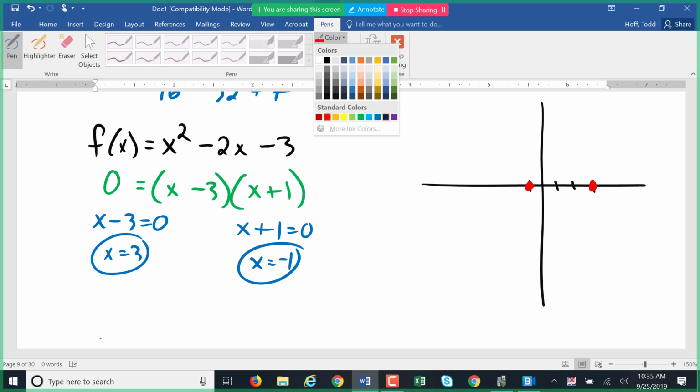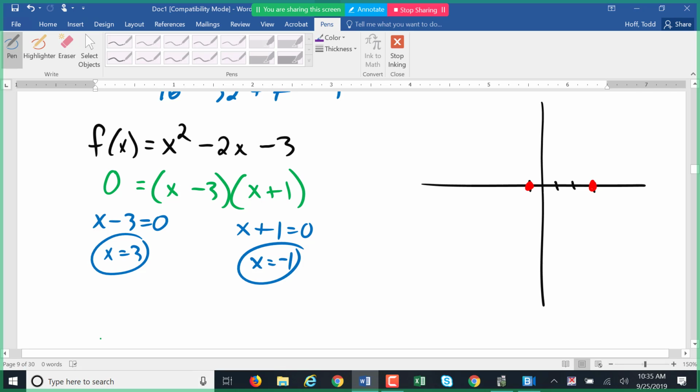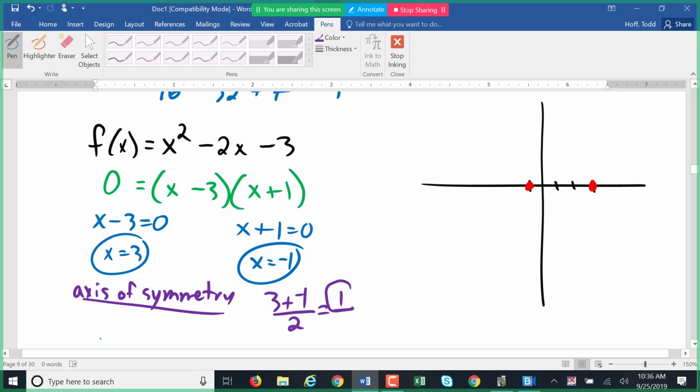So what that means is our axis of symmetry is going to be directly between them. So we're just going to take 3 plus negative 1, divide by 2. We're going to average those points together. We get 1 as our axis of symmetry. So x equals 1 here is the axis of symmetry.